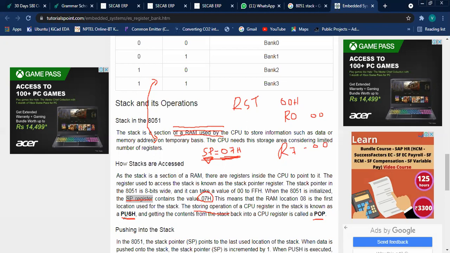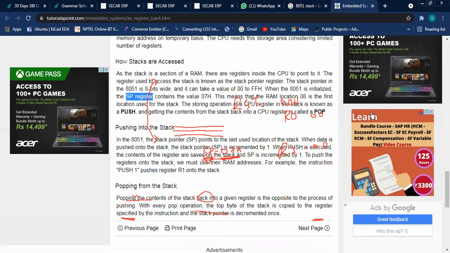So we have only two instructions here, push and pop, which are used to access the stack memory, and that stack memory is pointed to by the stack pointer register. How are these two instructions going to work? It is simple.